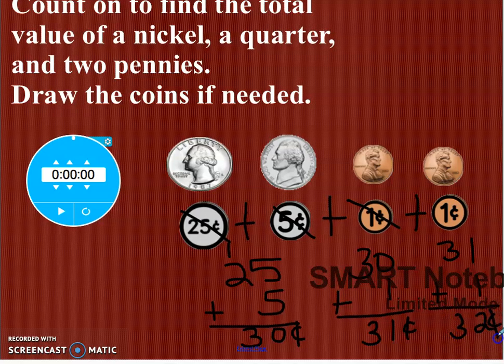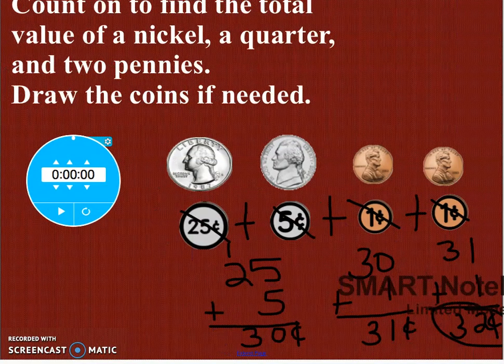So now we have 32 cents. Great job, guys. You added all the coins to find the total value. So the total value of all the coins is 32 cents. Great job, guys. Now we're going to move on to implicit instruction.